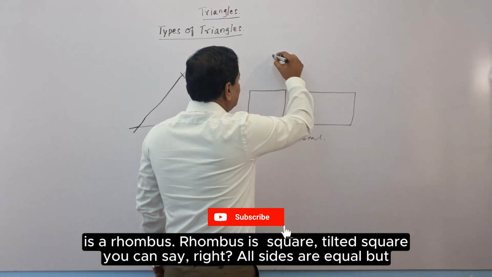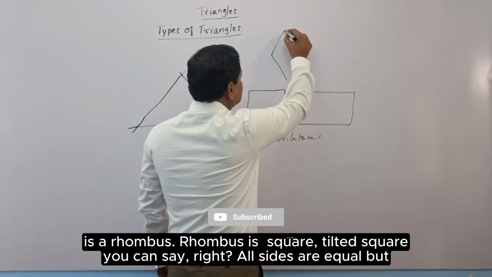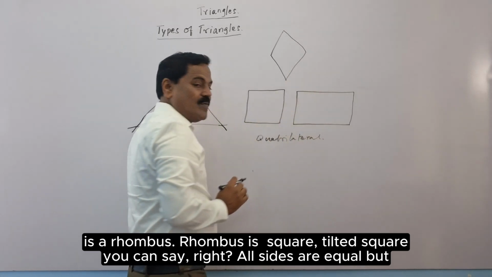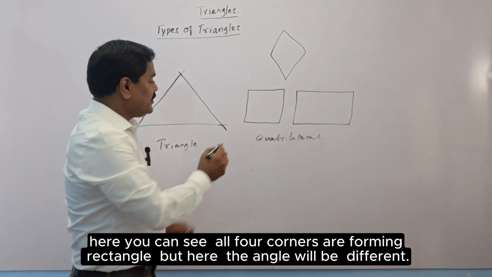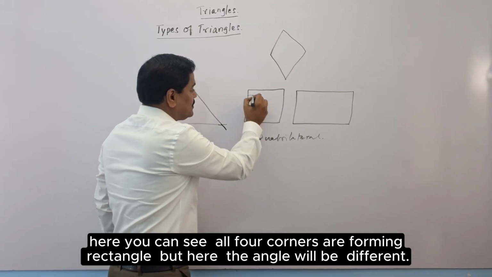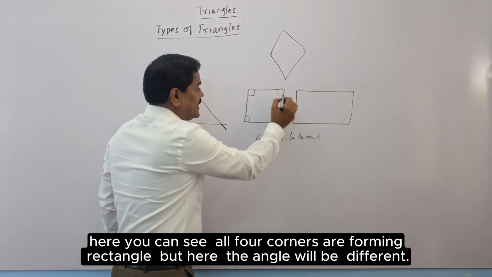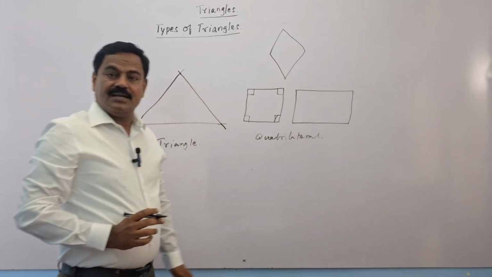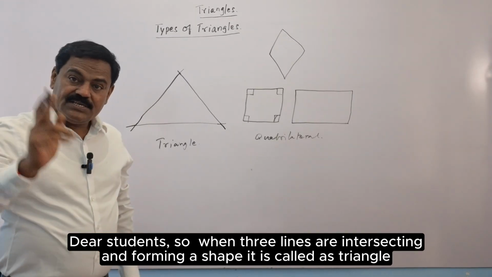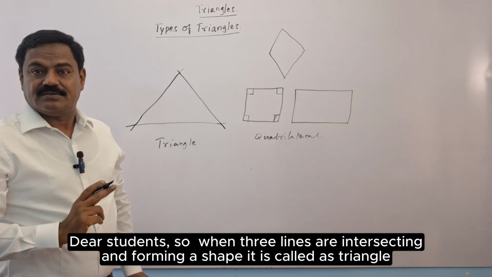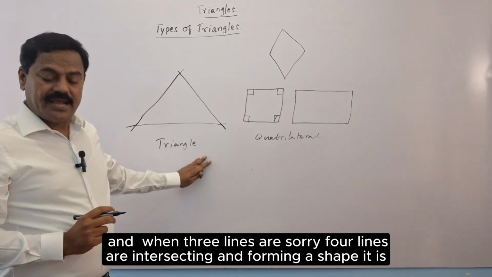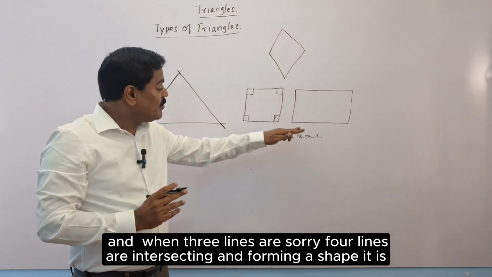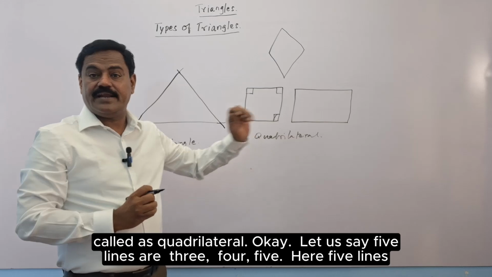A rhombus is a tilted square, you can say. All sides are equal, but here the angles will be different. Clear, students? So when three lines are intersecting and forming a shape, it is called a triangle, and when four lines are intersecting and forming a shape, it is called a quadrilateral.